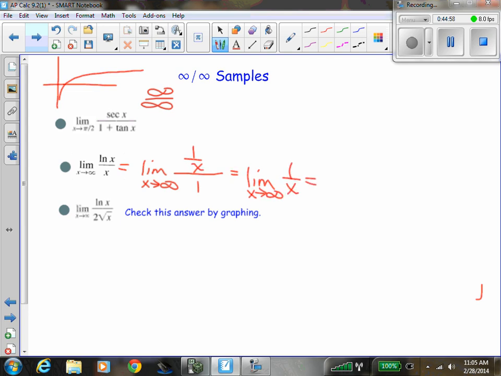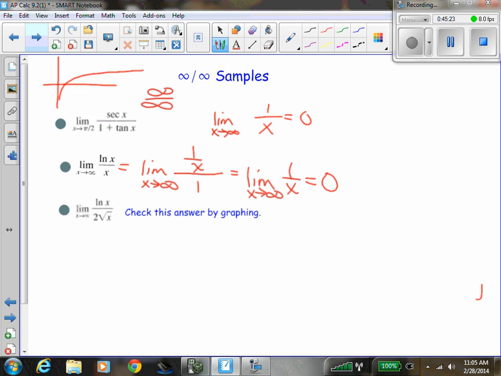Now, what's the value of that limit? All right, it's going to be 0. This is the first limit thought that most calculus students have, or it's one of the ones that they remember well. Anytime you have a constant over a variable, and the variable is approaching infinity, that ought to give you a 0.